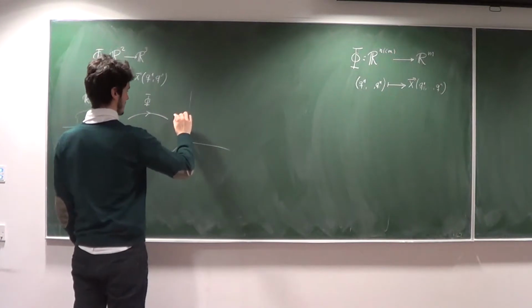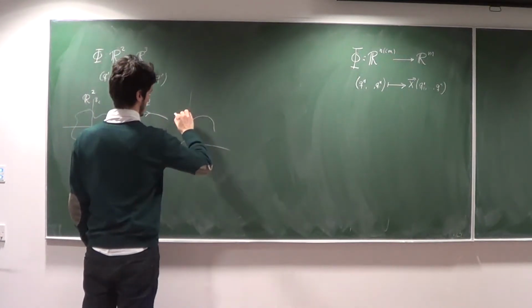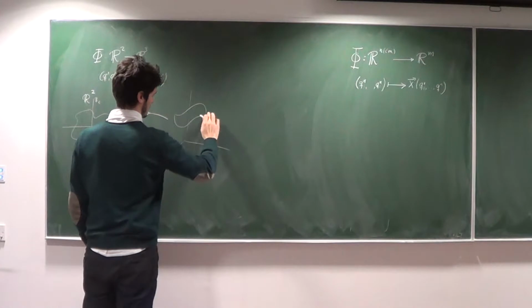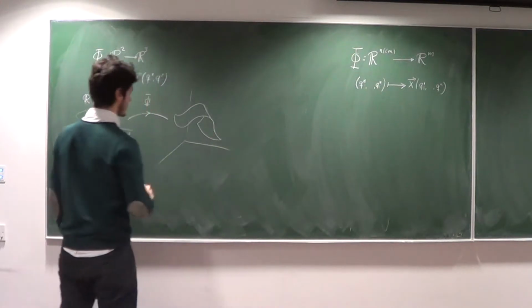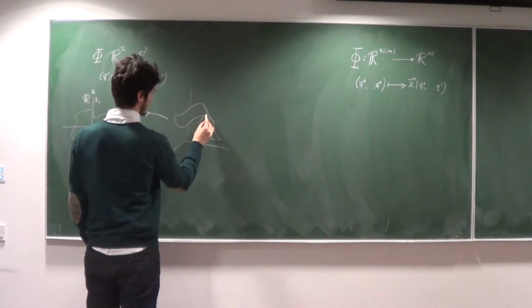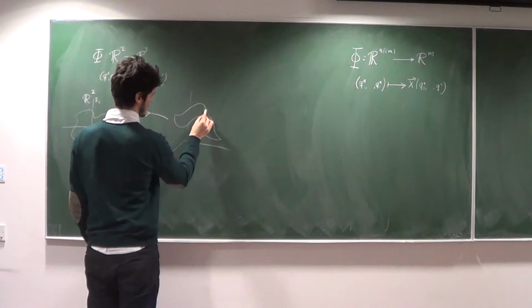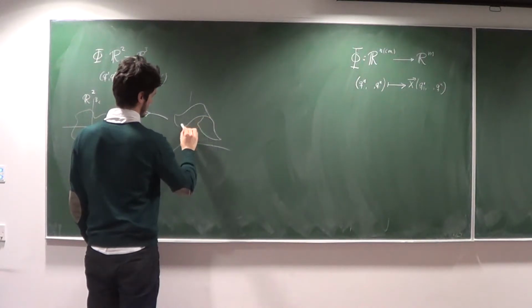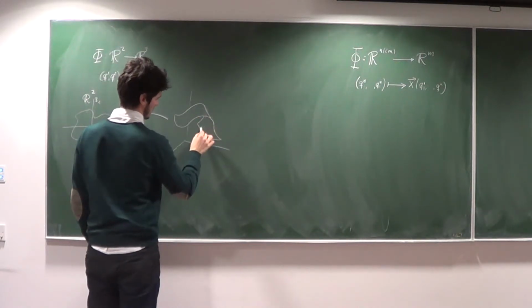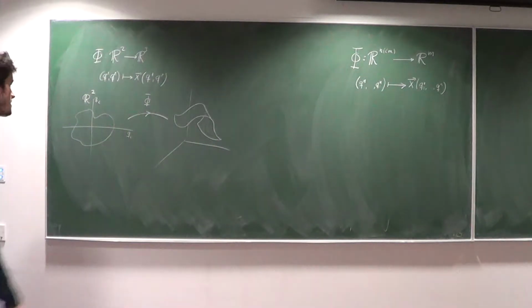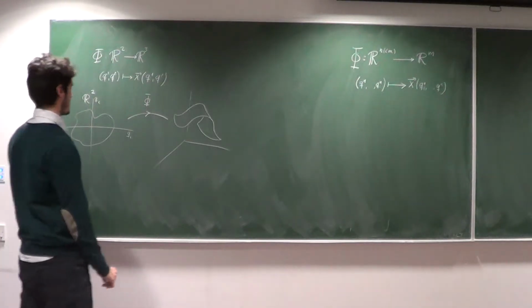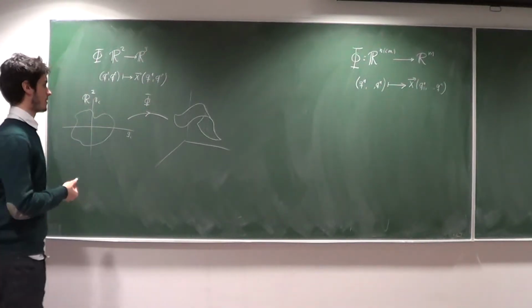And here we have something like this. Okay? So I have this surface. Okay? So this is what this map is actually doing. Okay? So obviously for particular cases we could have embeddings.